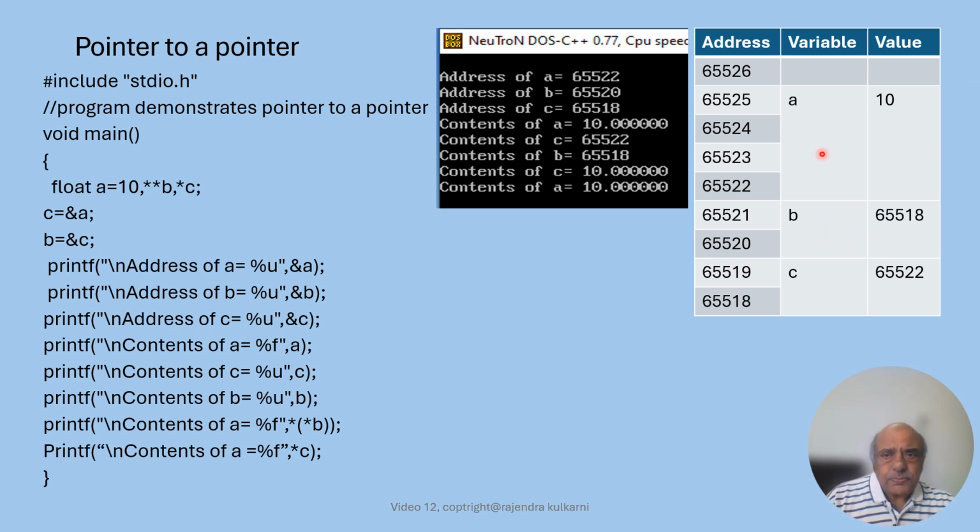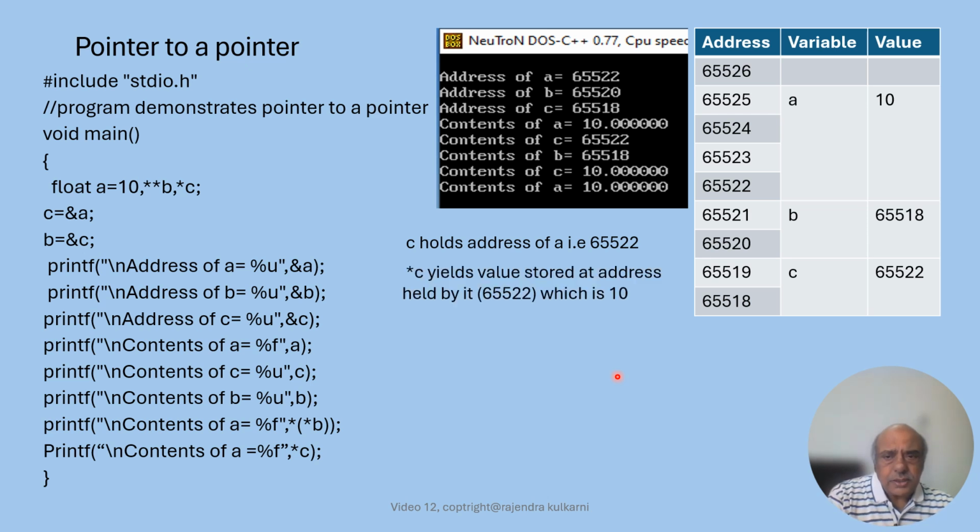Now we can see here a is stored in 65522 location, starting address 65522. b is stored in locations 20 and 21, which contain the address assigned to it, which happened to be the address of c. c is stored in two locations, 65518 and 19, and to it we have assigned the address of a. c holds the address of a.